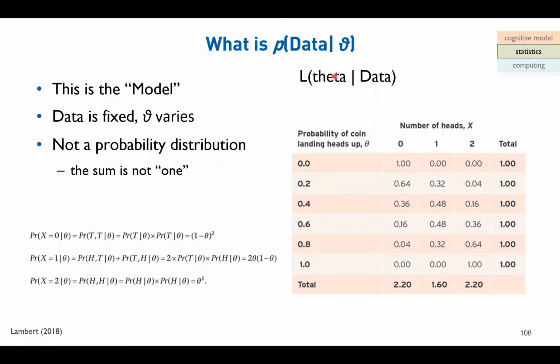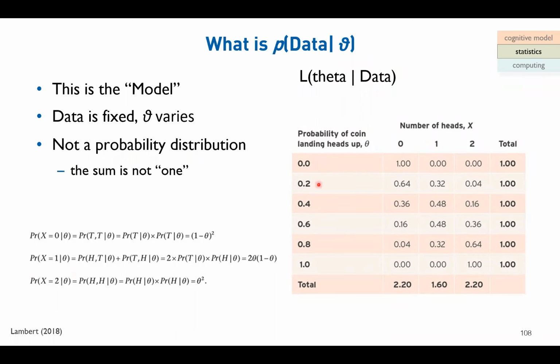We use this formula to calculate the results, and each result is a likelihood. We put all of the likelihoods in this column, given the data and the changing parameter value.